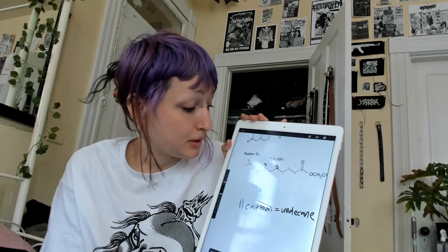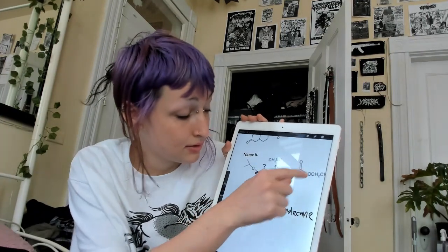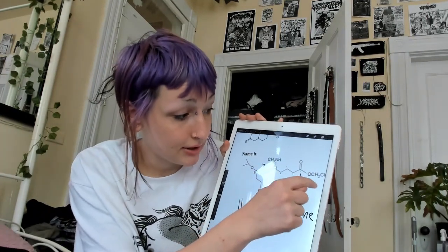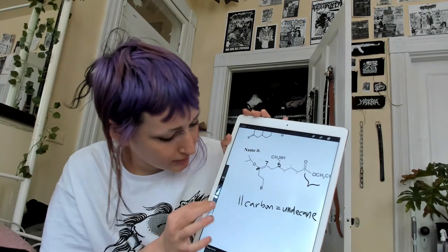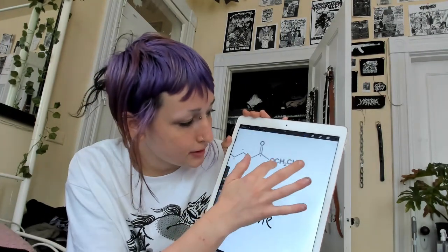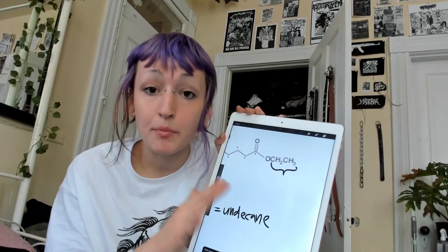And then I'm going to consider what may have priority. What will have priority here is going to be the ester right here. When you're naming an ester, when that has priority, you're going to name this group right here as a separate word.